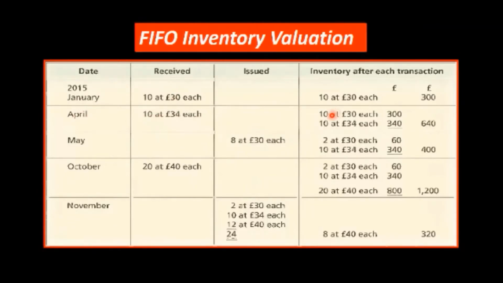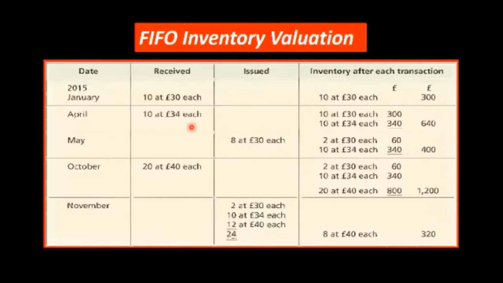And in our balance here now, we have this 10 that we bought here at 30 each, 300, and 10 at 34, bought here. Together they make up $640. Okay, so notice how it is done. You write back all the stock that you have, and each purchase is done separately.